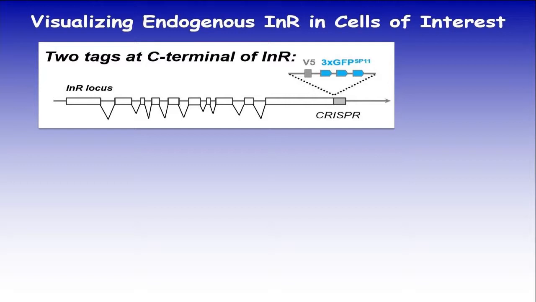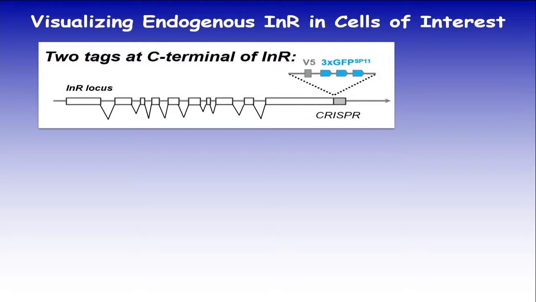We want to know where the signal transduction pathway actually occurs in the different subcellular compartments. There are several ways to think about how to do that, and this is one method that we tried and it turned out to work pretty well.